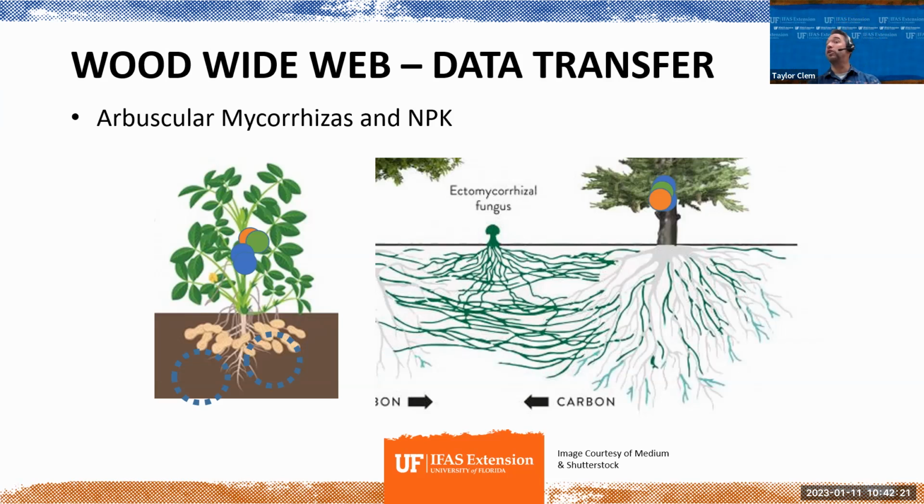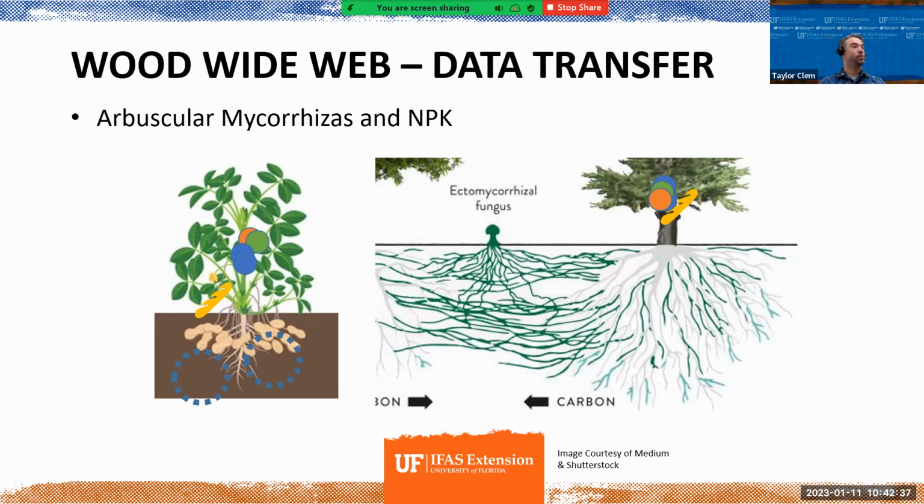These are things that we're starting to learn more about and do more research on. We don't have best management practice recommendations from UF to say this is how you introduce these mycorrhizal networks into your landscape, but those questions exist and people are looking at them, which is really cool.